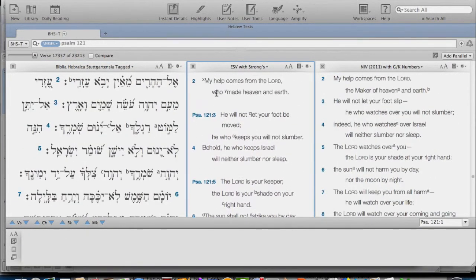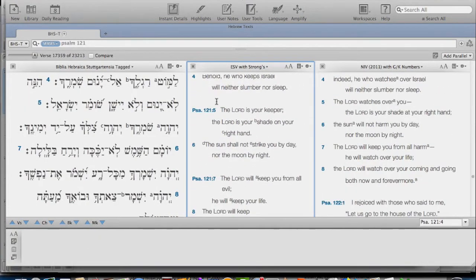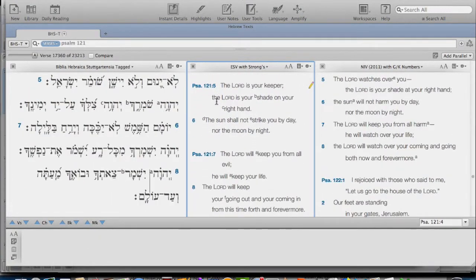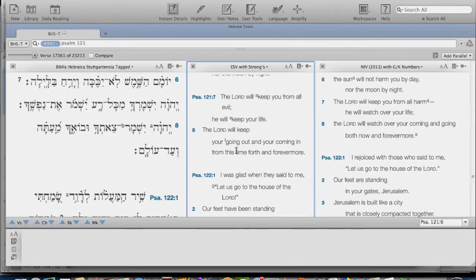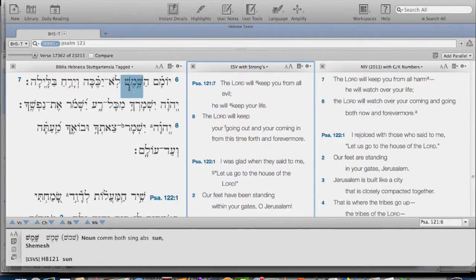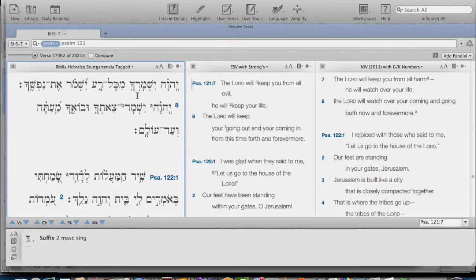Notice the change in terminology, especially from verse 5. Verse 5 just makes some statements about the Lord. The Lord is your keeper. The Lord is your shade. Then it makes a promise. The sun will not strike you. The Lord will keep you. So these seem to be future-looking promises based on who God is. So in this case, I don't think there's any real other options. So we will go with future.